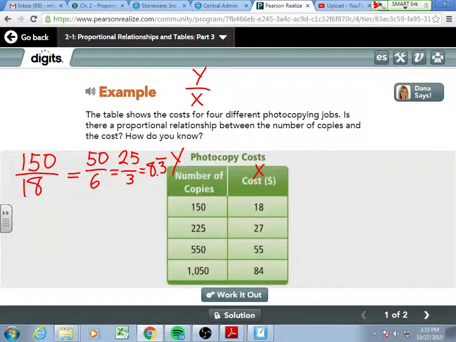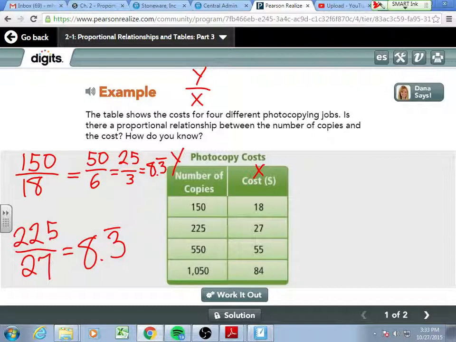So, try 225 divided by 27. If I don't go through the process of reducing, if I just put it in my calculator, we get 8.3 forever. So those two match, but keep going. The next one, 550 divided by 55, gives us 10.